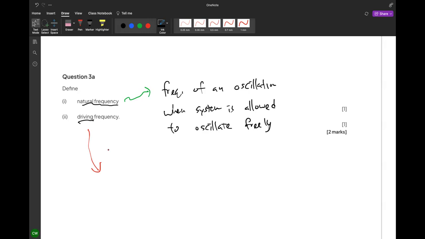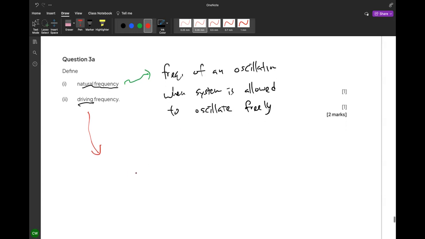Frequency of an oscillation, when it's oscillating. Driving frequency, that means like the force started frequency or something, right? Yeah. Actually the example of this one is like this.